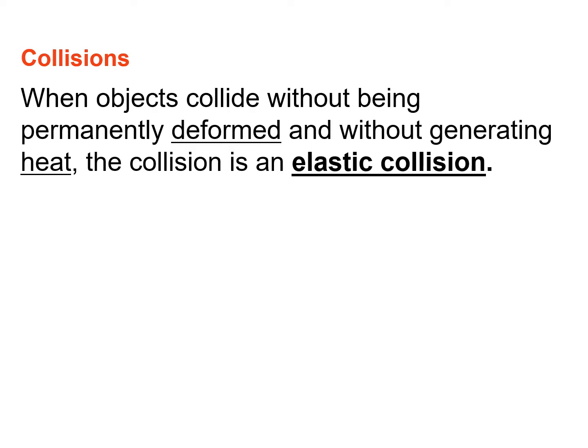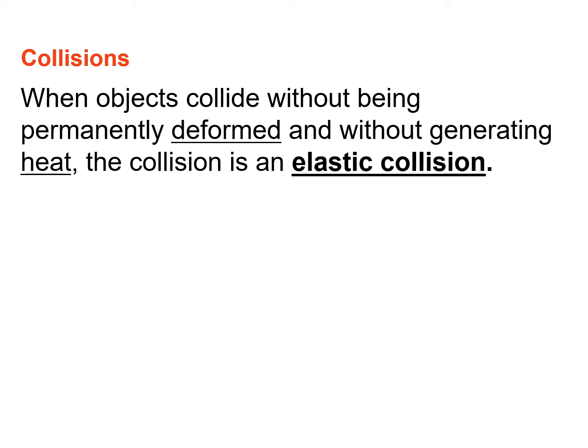Now, in the case of billiard balls, the two balls bounced apart. We call that an elastic collision. Technically, what we want to see in the simplified models that you and I will be looking at is something called a perfectly elastic collision. What that means is that the two objects will hit each other, and though they might momentarily go out of shape, they will go back to their original shape after striking each other.